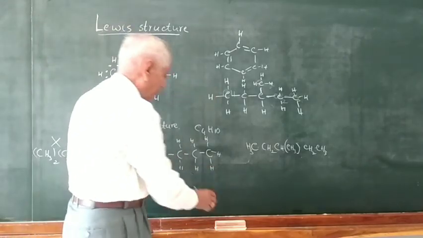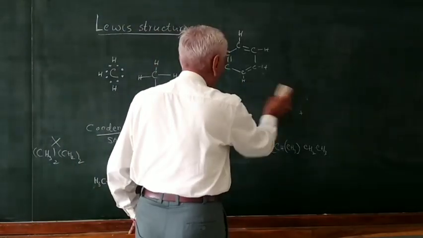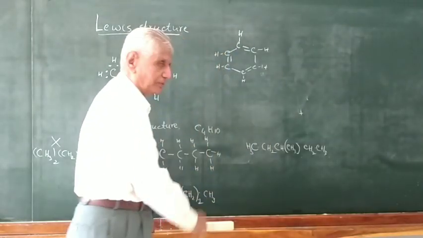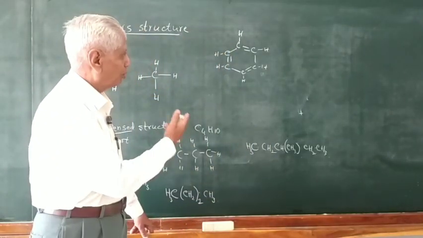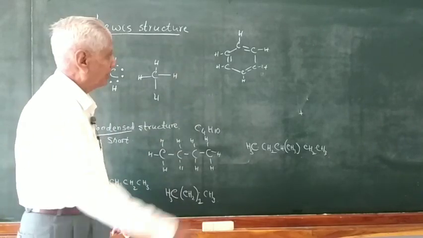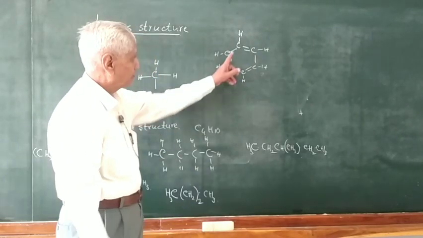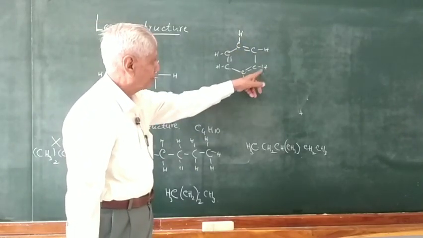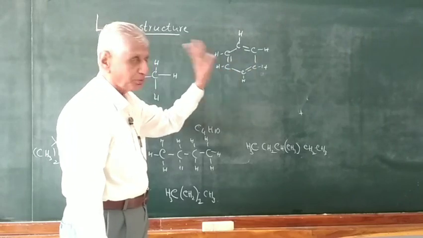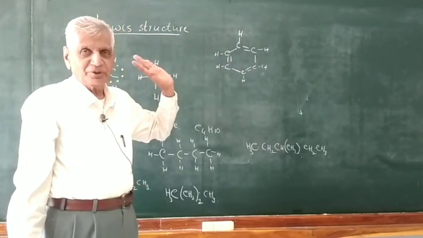This is called benzene. Now to write this in a condensed form, this is the loose structure, where I have written the atoms and shown the bonds also. Atoms you have shown, and bonds you have shown. So this is the full structure, which is called the loose structure.